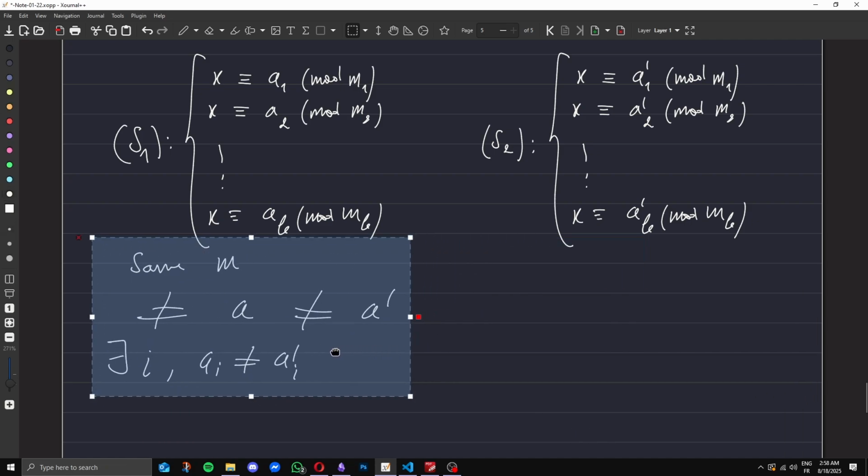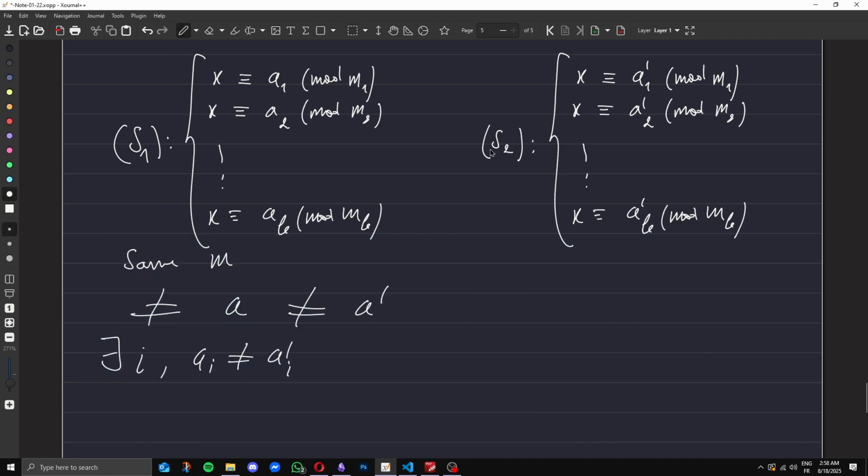Okay. Now my question is, what if there exists a certain solution, x0, a certain integer, that is in the range 0 to m minus 1. Okay, remember they have the same modulus m, because they have the same sequence of moduli.